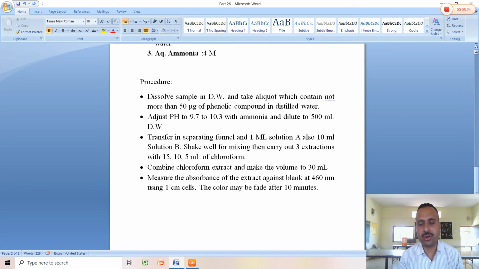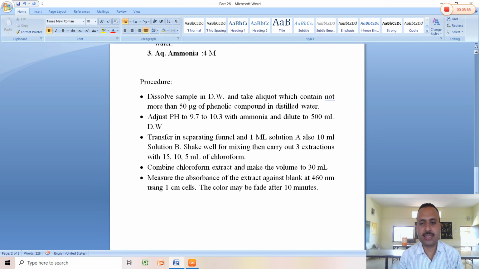Shake well for proper mixing and then carry out 3 extractions with chloroform, using 15 ml, 10 ml and 5 ml of chloroform. So 3 extractions must be performed for the analysis. Now combine the chloroform extracts and make the volume up to 30 ml. The total quantity of chloroform is 30 ml.